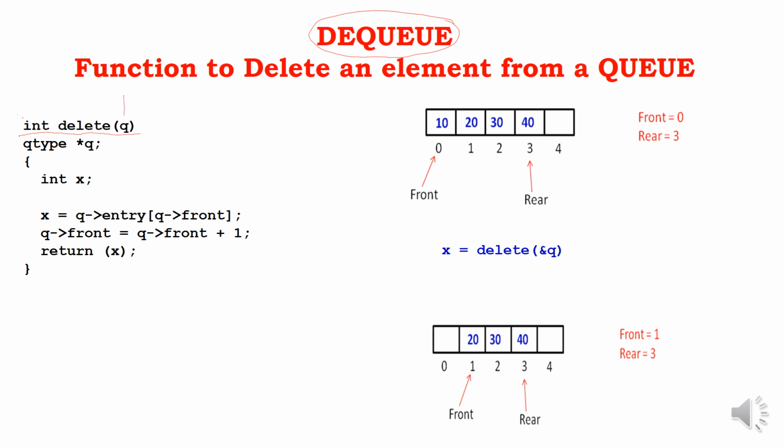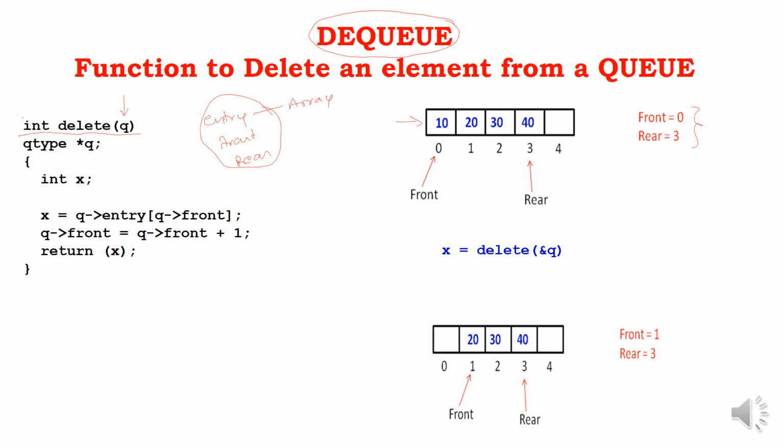This is queue. This is a formal parameter queue. What is queue? Queue is a structure which has array entry, front, rear. Entry is nothing but array to hold elements, and there are two more fields which hold position of front and position of rear.